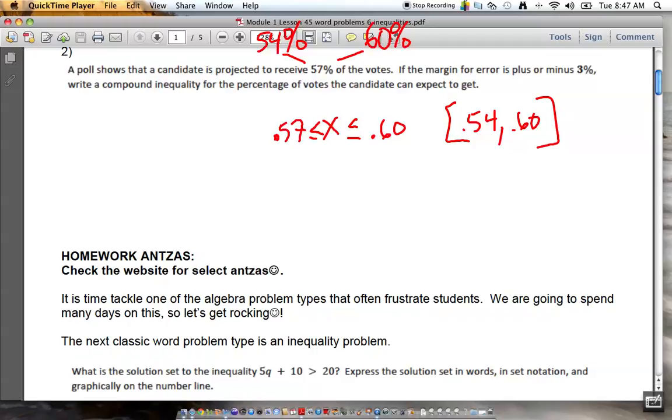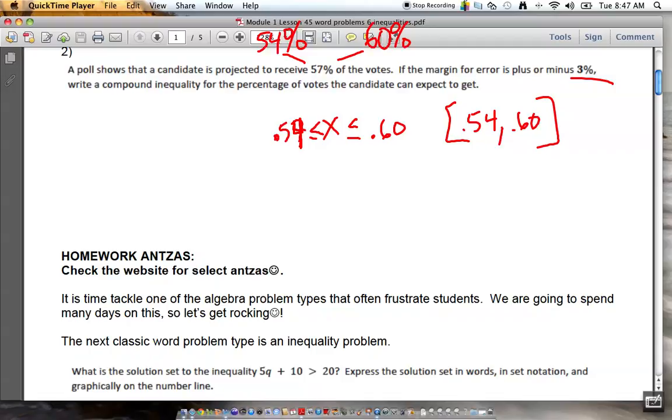It's an interval, but we could also look at it as a compound inequality. So in this case, it's a bounded interval. If you're supposed to get 57% and there's a margin of error of 3%, you'll be between 54 and 60%. Oh, I wrote 57 here, I'm sorry. Should be 54, okay? So it's between 0.54 and 0.60.